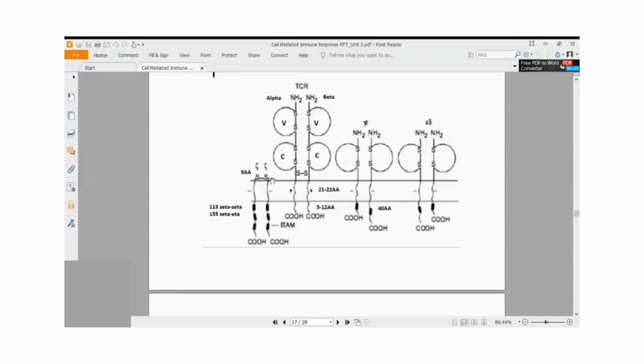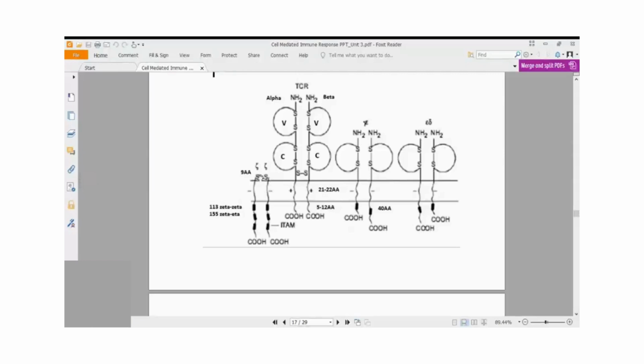Next, there is another small adjacent receptor here on the left hand side of the TCR. Just check. It is made up of a short amino acid residue chain in the extracellular domain, which is hardly about 9 amino acid residues, and that chain is held by disulfide linkage, whereas in the CD3 complex there is no disulfide linkage between the heterodimers.